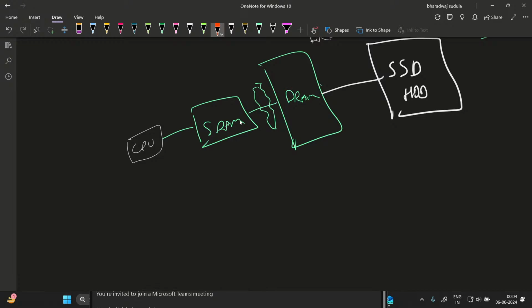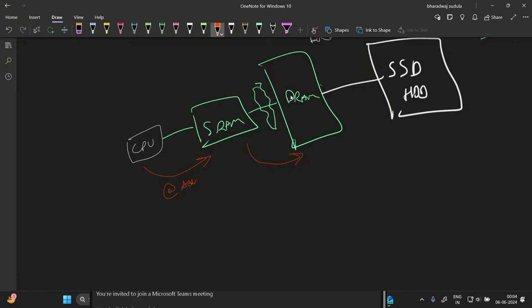Whenever the CPU requests data, it sends out some address. It checks in the SRAM. If it is a miss, it will go to DRAM.